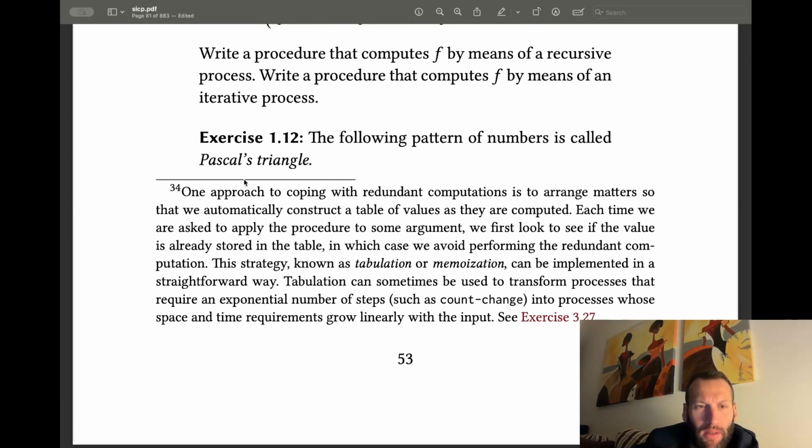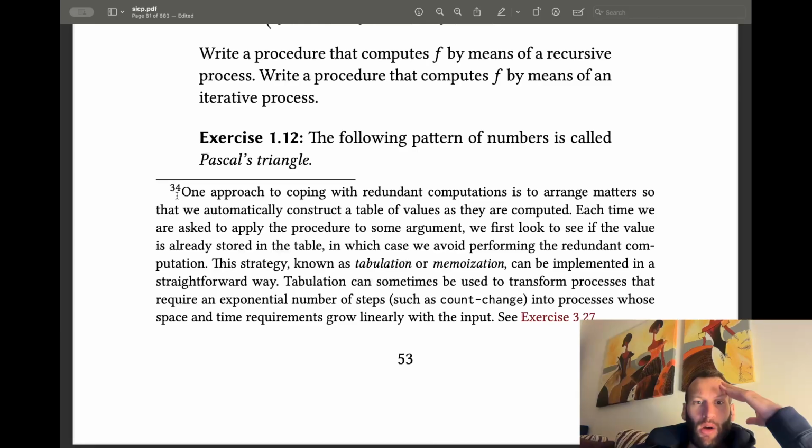But now let me read this footnote, which seems interesting. One approach to coping with redundant computations is to arrange matters so that we automatically construct a table of values as they are computed. This is memoization. Each time we are asked to apply the procedure to some argument, we first look to see if the value is already stored in the table, in which case we avoid performing the redundant computation.